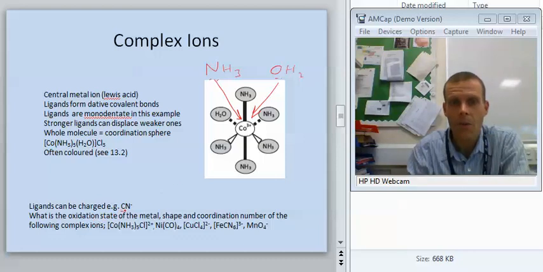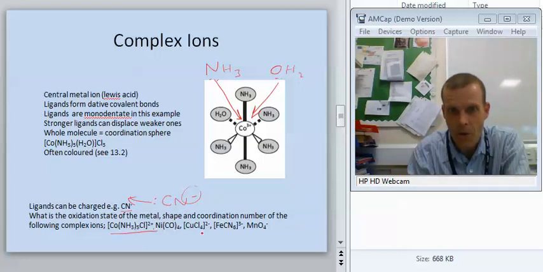Now ligands can also be charged, so CN minus, there's a lone pair on that C that again can donate in, but this time we've got a negative charge, and that comes into play when we think about what's the charge on the overall species, overall complex ion.